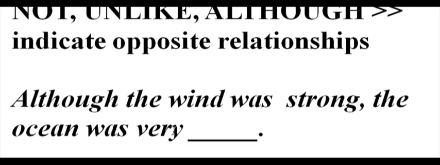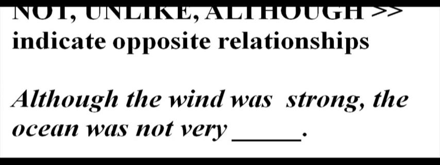That's what makes sense here the most, because we have an opposite relationship between wind and ocean, and we know this because of the word although. Now, if we have the word not in here, we know that the relationship is going to be a direct relationship, because if you remember, two negatives cancel each other out. A double negative is just a single positive. Although the wind was strong, the ocean was not very strong. Okay?